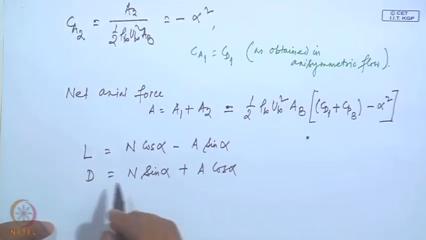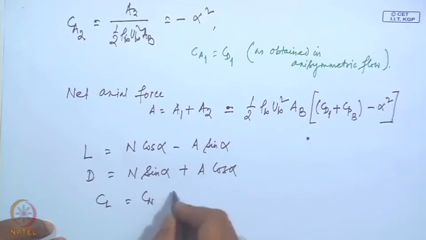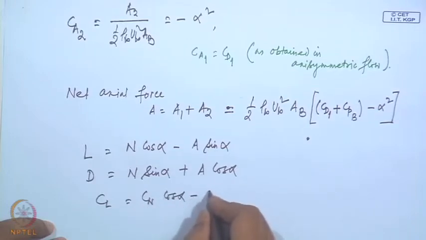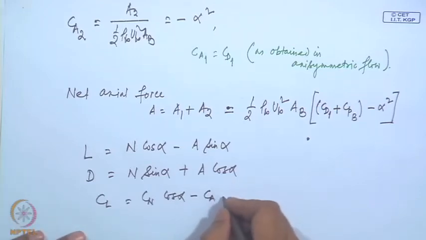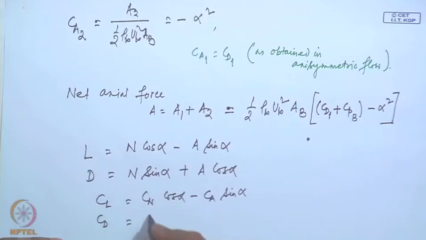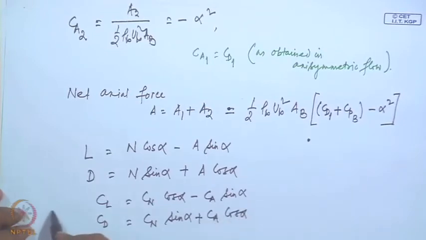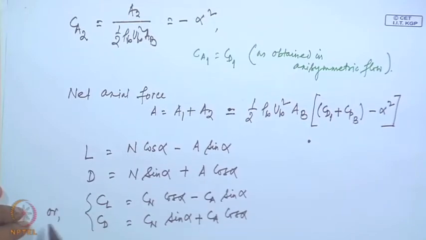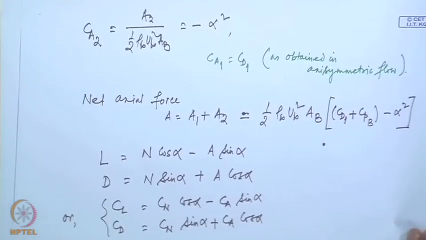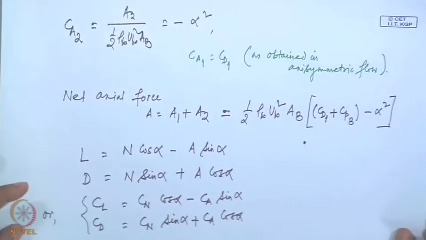Or in terms of coefficients, C L is C n cos alpha minus C a sin alpha, and C d is C n sin alpha plus C a cos alpha.